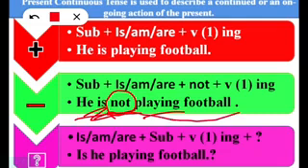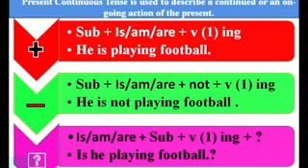See the next one, how to frame a question. There are three forms: making a positive sentence, negative sentence and framing a question. When you want to frame a question, that helping verb is, am, are should come first. So, is, am, are plus subject plus verb plus ing, and then the remaining part of the question.